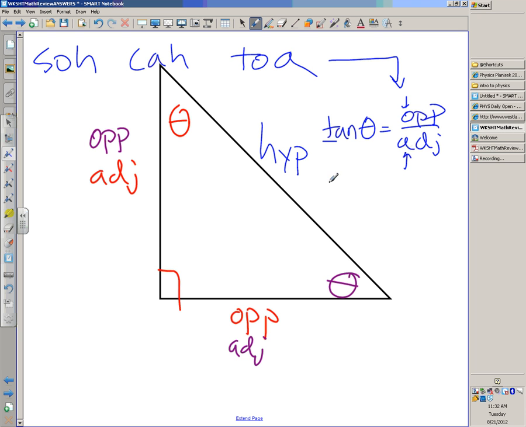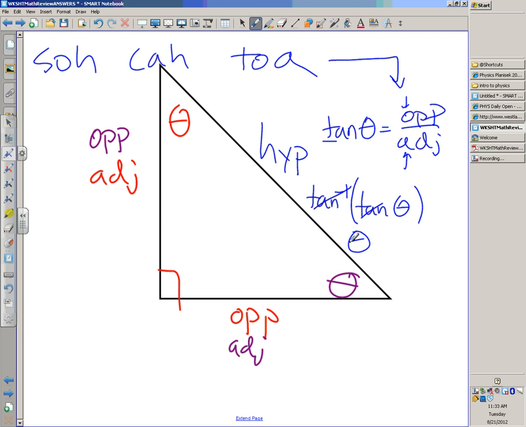Tangent, or the inverse tangent, depending on how you say it, kind of the same thing, right? So if you have this, right? If we take tangent to the -1 of tangent theta, which is how your calculator writes it, these two things will cancel, and you'll be left with just theta on the left-hand side.